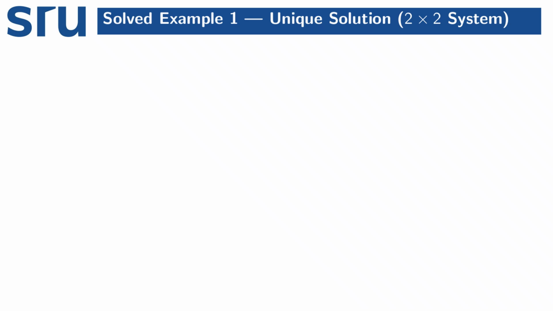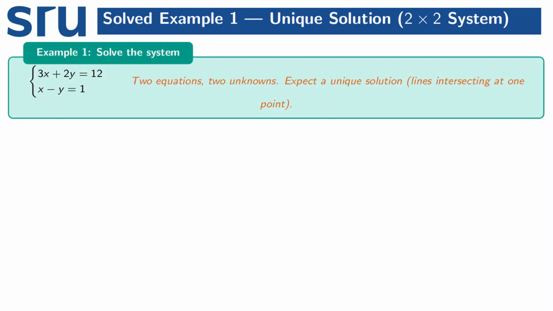Alright, so let us begin with our first solved example. This is a 2 cross 2 system, meaning 2 equations and 2 unknowns. So what do we expect here? A unique solution. Why?